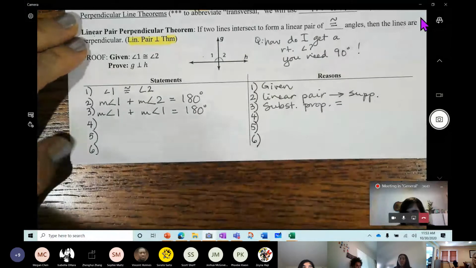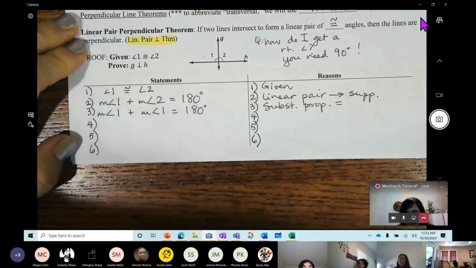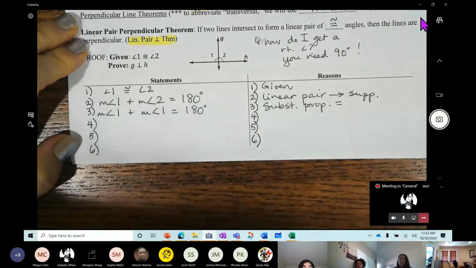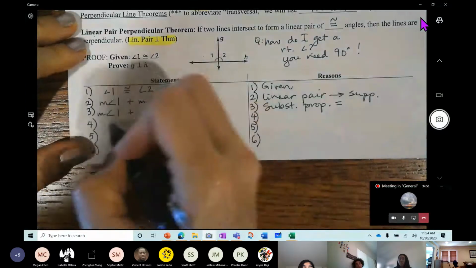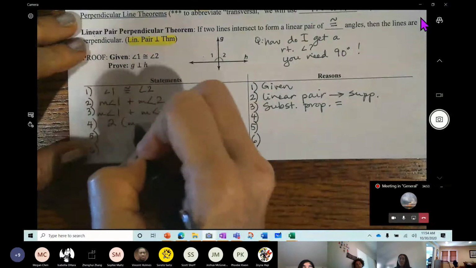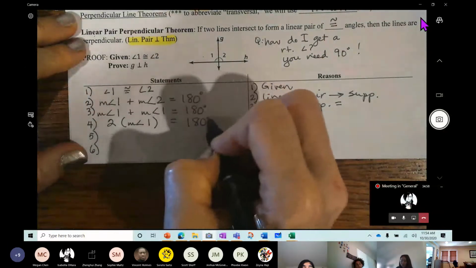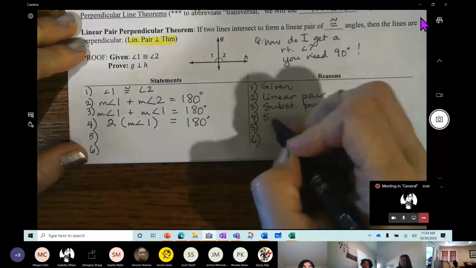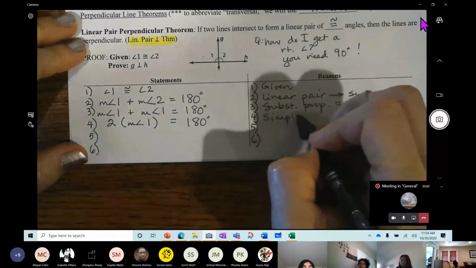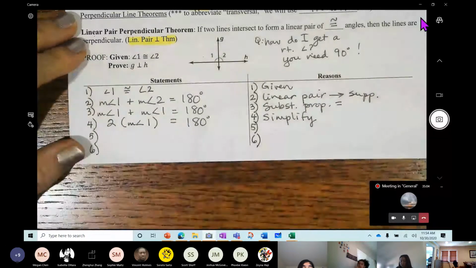Can't you add them together? I think you guys are thinking too hard. There's 2 of these, so you know what I'm going to do? I'm going to add them together. Because I'm just going to simplify that. Can't you add those 2 angles together?